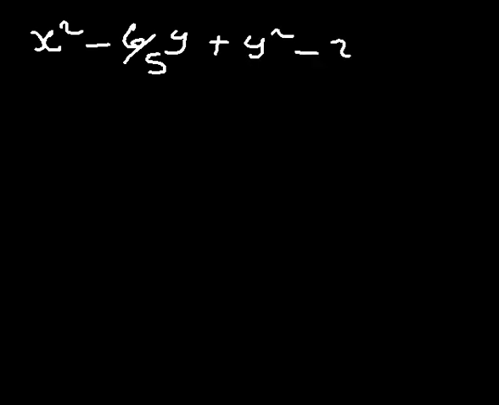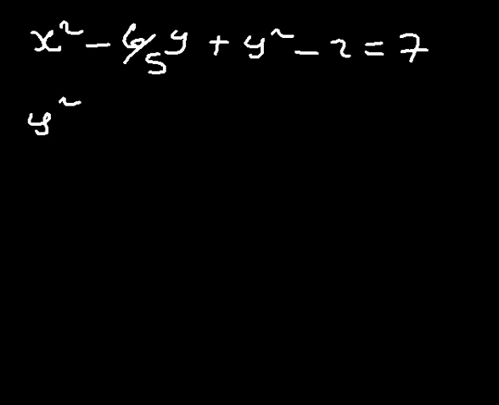If that's the case, let's say we have x squared minus, let's say, 6 over 5y and plus y squared minus 2 is equal to 7. So try to find the center and the radius of that shape.